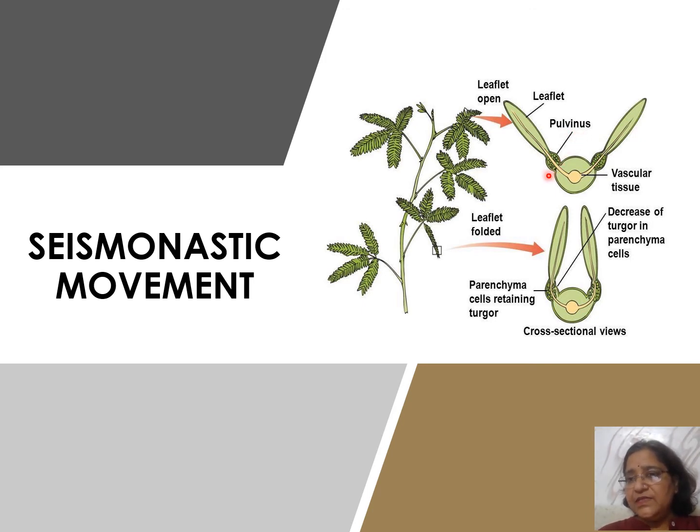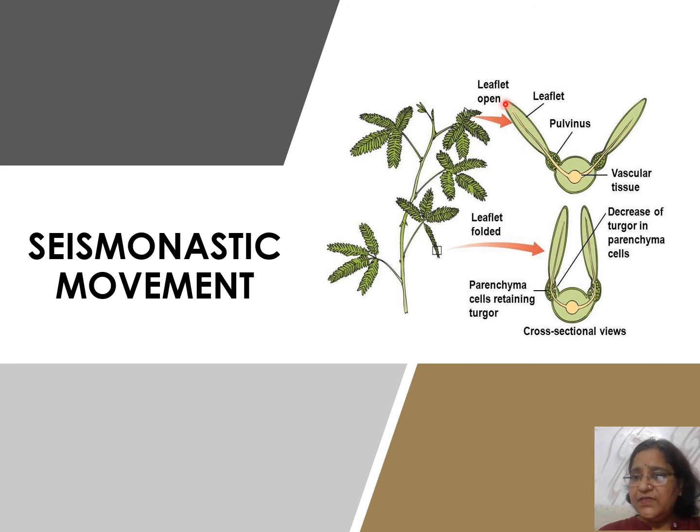This pulvinus has 2 types of cells. In the lower half, the cells are thin walled, and the upper half of the pulvinus has thick walled cells. All the cells in the pulvinus are very loosely packed, meaning there are intercellular spaces.